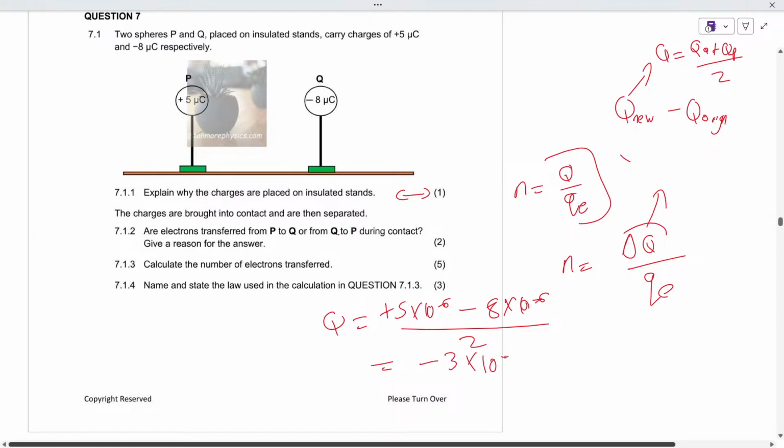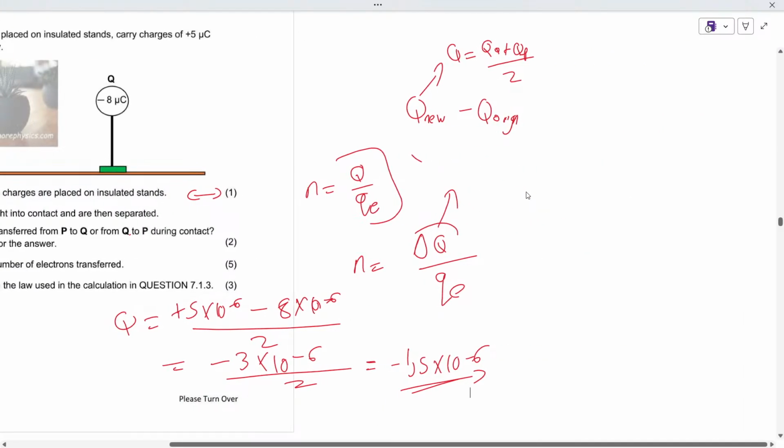So the answer will be negative 1.50 times 10 to the power negative 6. Okay, yeah, negative 1.50 times 10 to the power negative 6. Yes. Okay. So now that's our new Q.